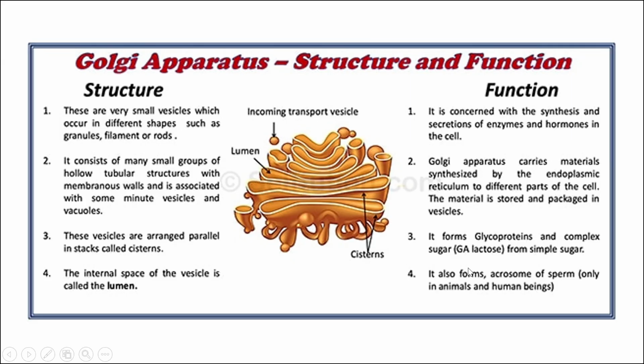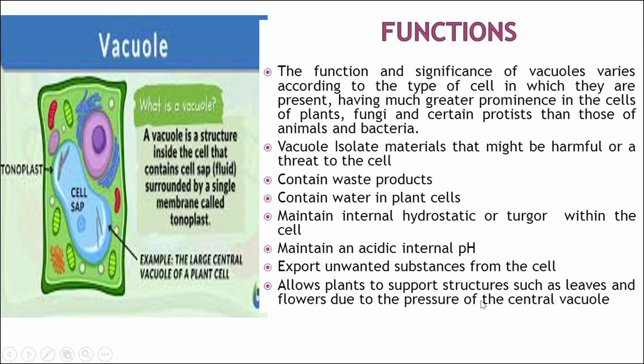The function of the Golgi apparatus is concerned with the synthesis and secretion of enzymes and hormones in the cell. It carries material synthesized by the endoplasmic reticulum to different parts of the cell. The material is stored and packaged in vesicles. It forms glycoproteins and complex sugars from simple sugars. It also forms the acrosome of sperm, only in animals and human beings.